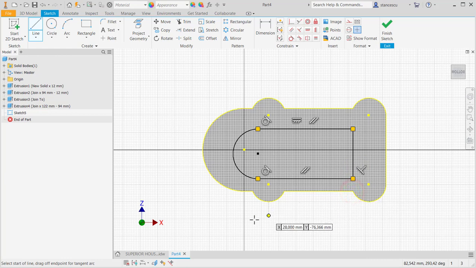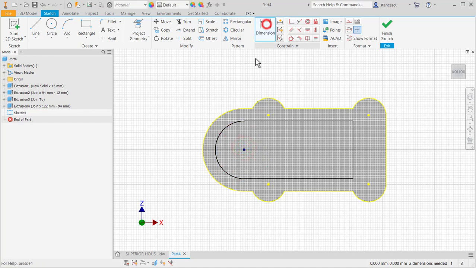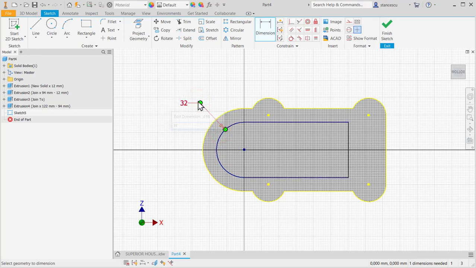Close. Good. Coincident and radius 32. Here 18.